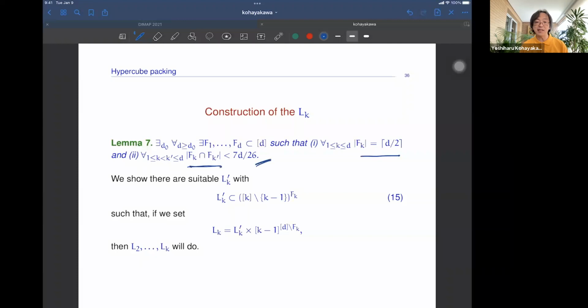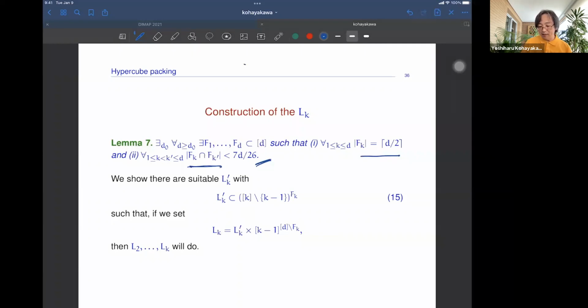If you have sets of size d over 2, you expect the intersection of two random ones to be of size d over 4. And 7 over 26 is slightly bigger than 7 over 28, which is 1/4, right? So you can achieve this very easily, randomly, for instance.